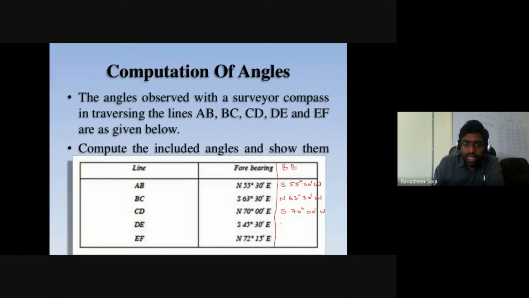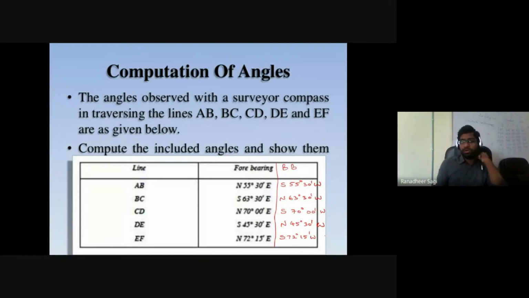Back bearing of the line DE is south to be replaced with north, angle is 45 degrees 30 minutes, east to be replaced with west. Next, four bearing of line EF is given. The back bearing of line EF is north to be replaced with south, angle 72 degrees 15 minutes, east to be replaced with west.